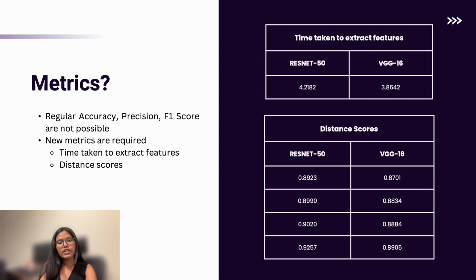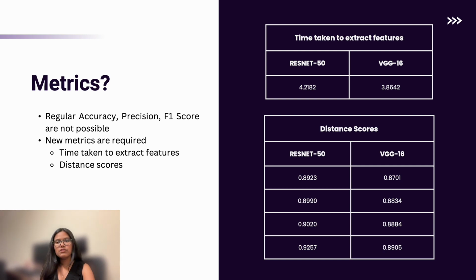Now, moving on to how we evaluate our model, we couldn't evaluate our model based on traditional metrics like accuracy, precision, or F1 score. This is because we do not have ground truths for our data. And hence, we used other metrics like the time taken to extract features and the distance scores. On the right side, we can see two tables displaying the time taken, and distance scores.